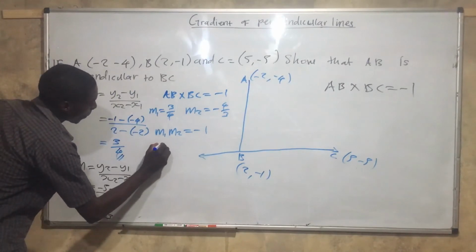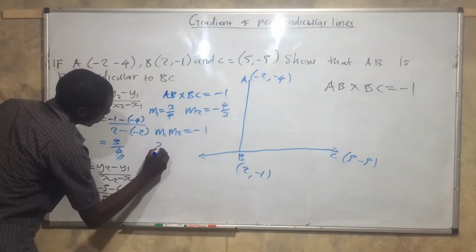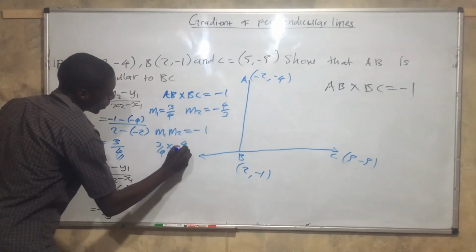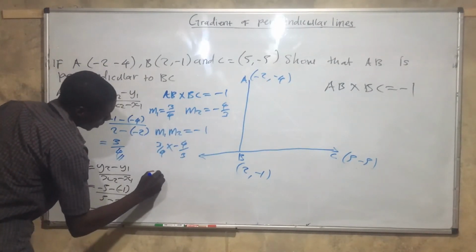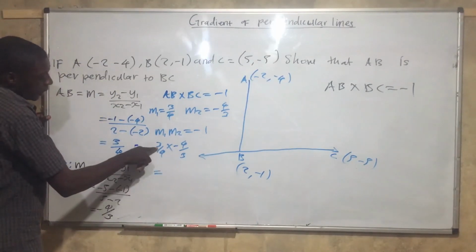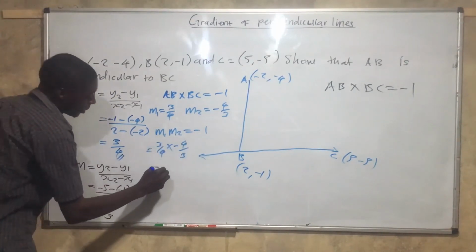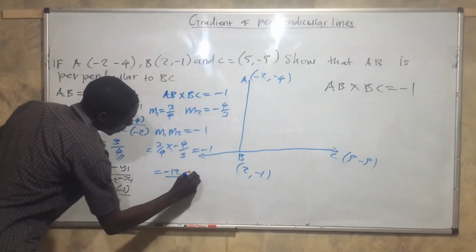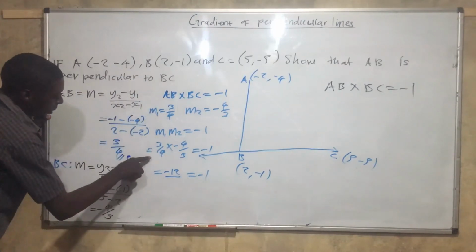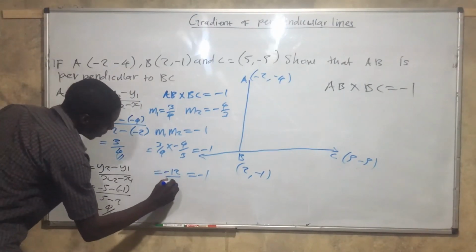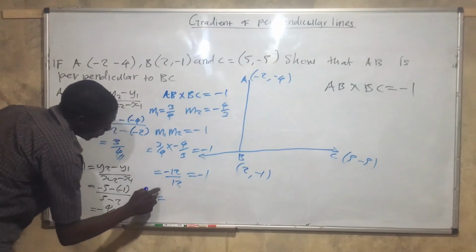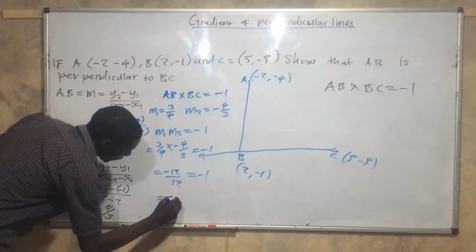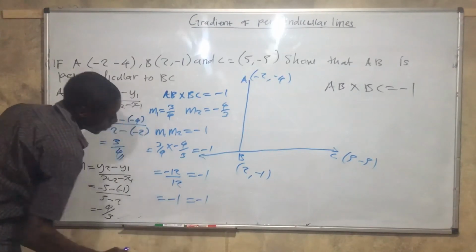So 3 over 4 multiplied by negative 4 over 3 gives us 3 multiplied by negative 4, which is negative 12, over 4 multiplied by 3, which is 12. Then 12 into negative 12 gives us negative 1, which is equal to negative 1.